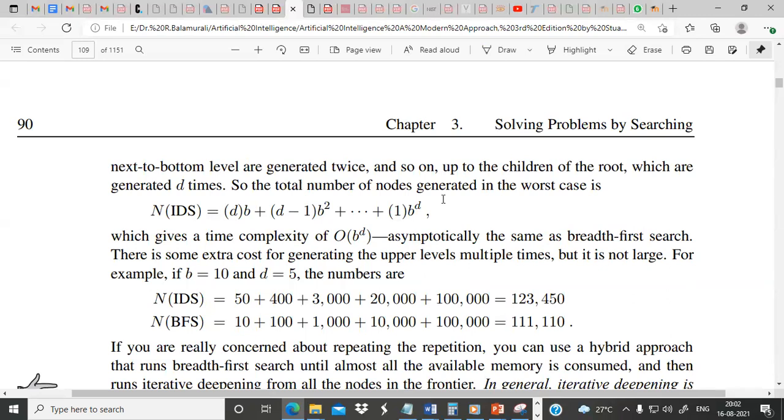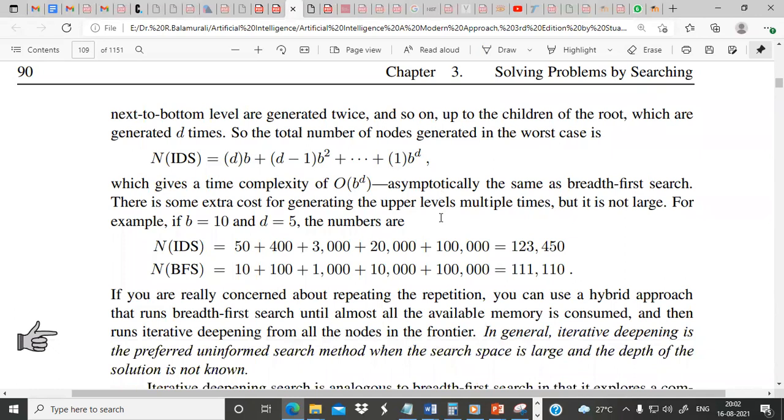Here is another example which is quite straightforward. Say the branching factor is 10 and depth is 5. When you use BFS or DFS, at level 1, how many nodes will be created? 10 nodes. Here we are not considering the root node.